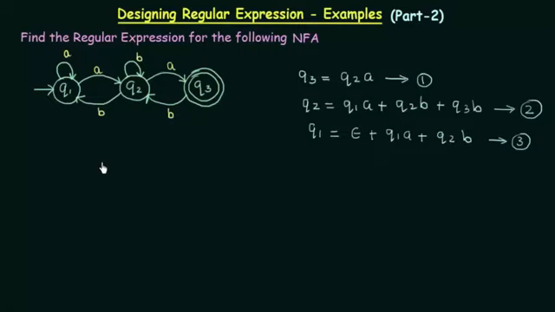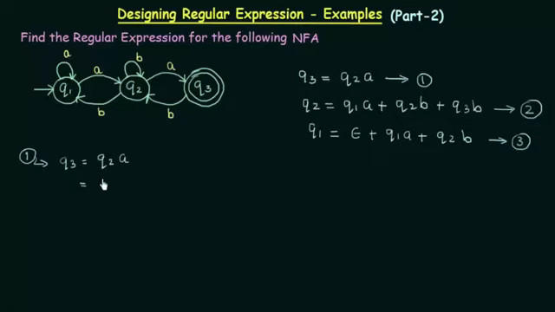Now what we have to do is simplify these equations. First let's take equation number 1, that is state Q3. Q3 is equal to Q2A, and we can substitute the value of Q2 from equation number 2.